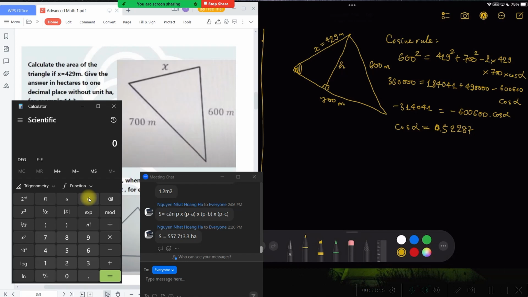But then cos alpha is what? Cos alpha is basically adjacent over hypotenuse, right? This part.